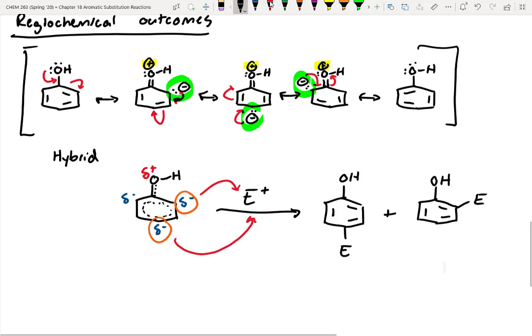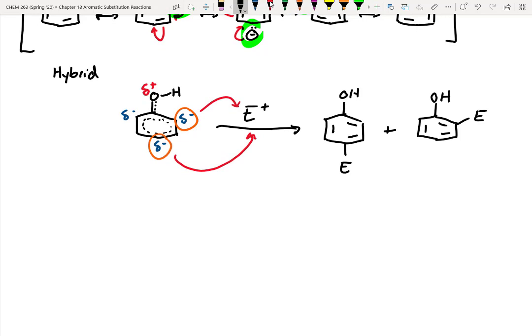So my take-home message for this is that activators are typically what we call ortho-para directors.